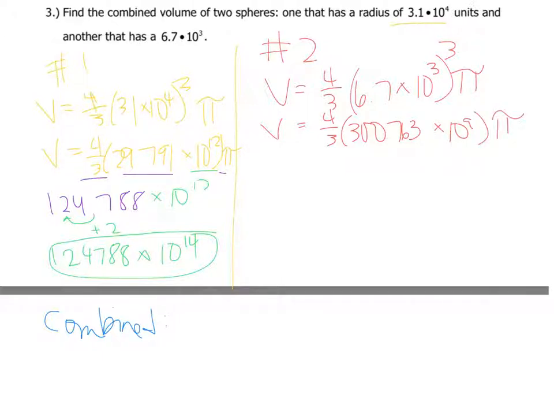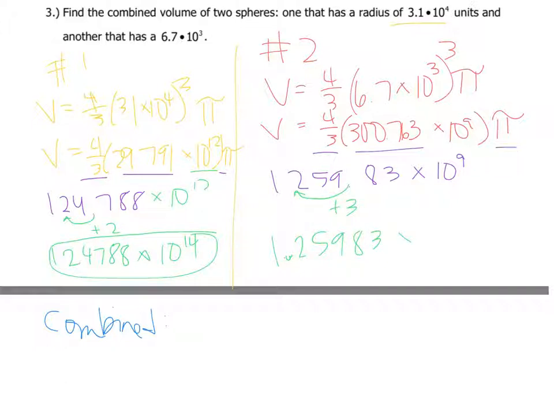Now let's say that we take 4/3 times 300.763 times pi. We get approximately 1259.83, and then we have 10 to the 9th power. And then we're going to move this 3 places, so it becomes 1.25983 times 10 to the 12th power.